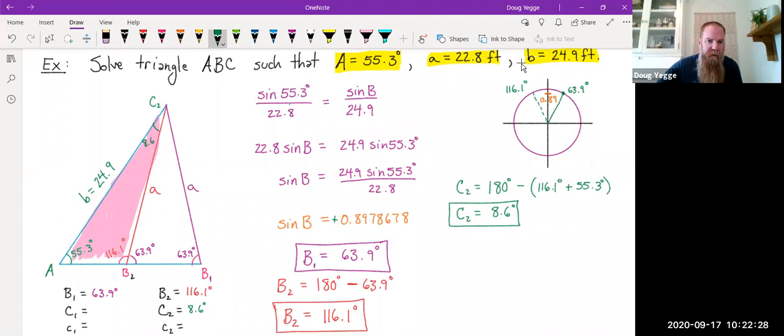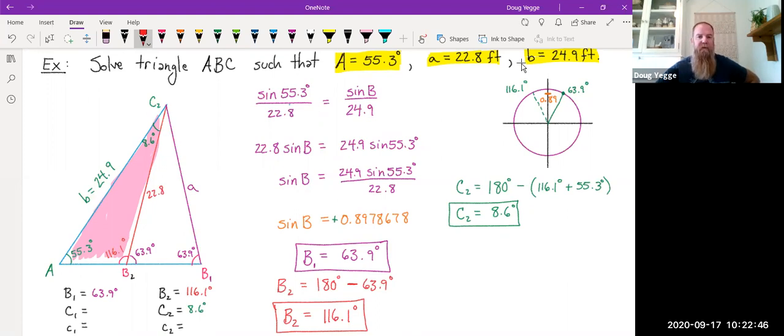So I know that this angle up here is 8.6 degrees. And now that we have each of these values, we know that side A is going to be 22.8. Notice that we have five pieces of our triangle at this point.